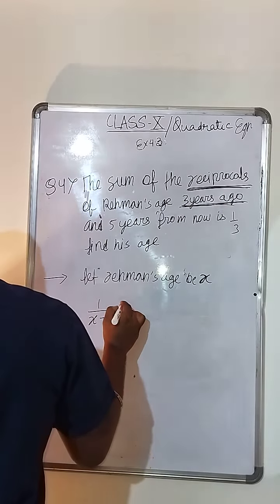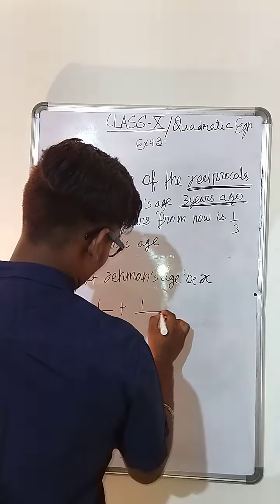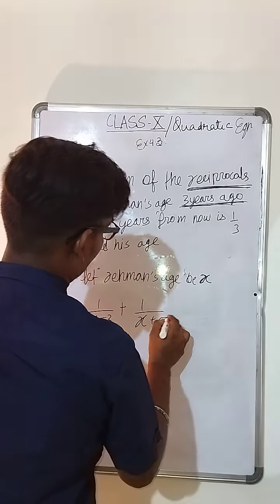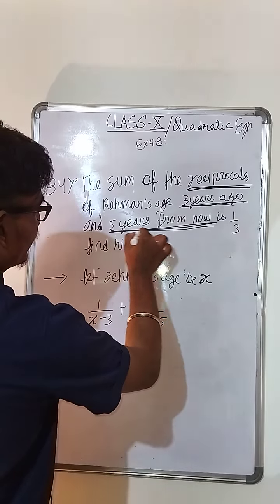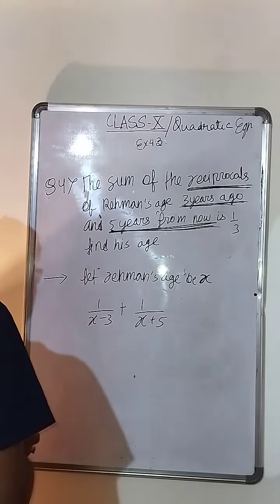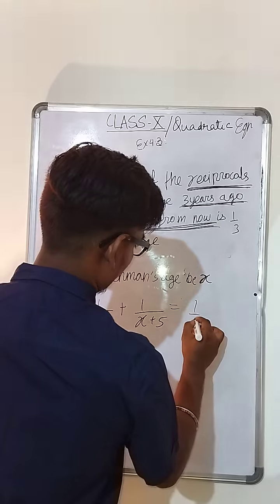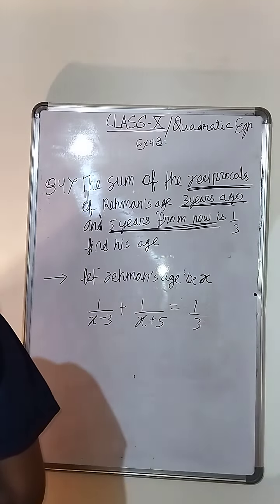Next, plus 1/(x plus 5). Why x plus 5? From now means future, from present to the future it will be 5 years. Equal to 1/3 is given.